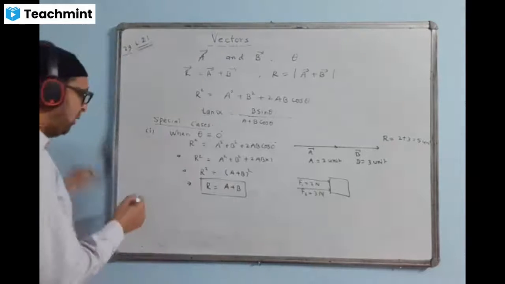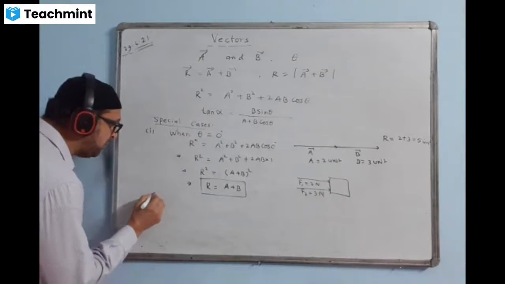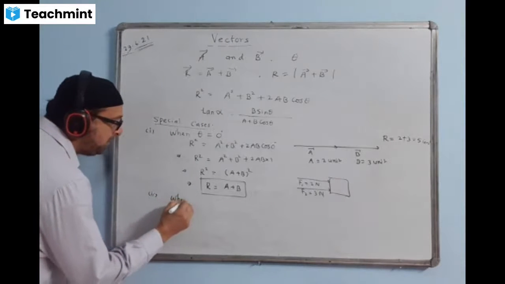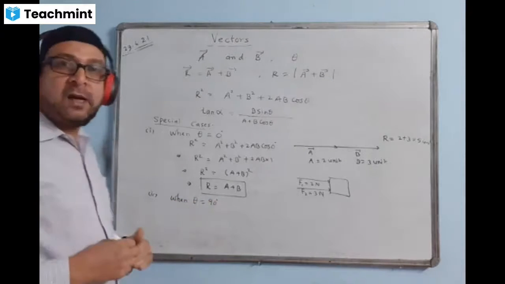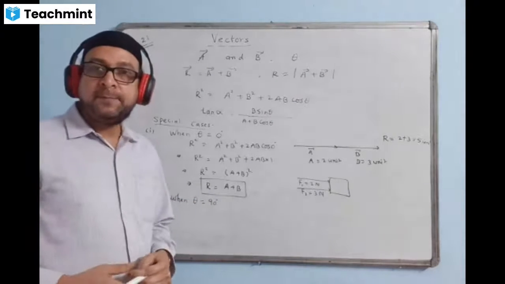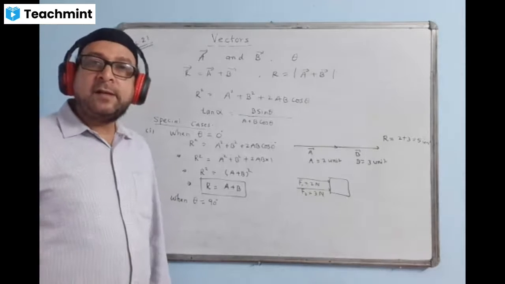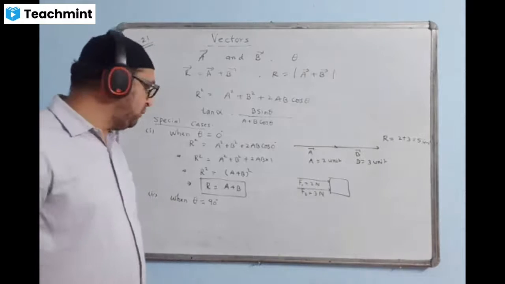Okay. Now case number 2, the second case. When theta equals 90 degrees, that is, when the two vectors are perpendicular to one another.